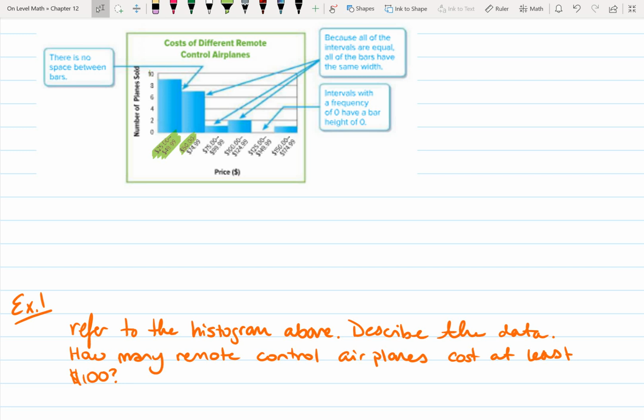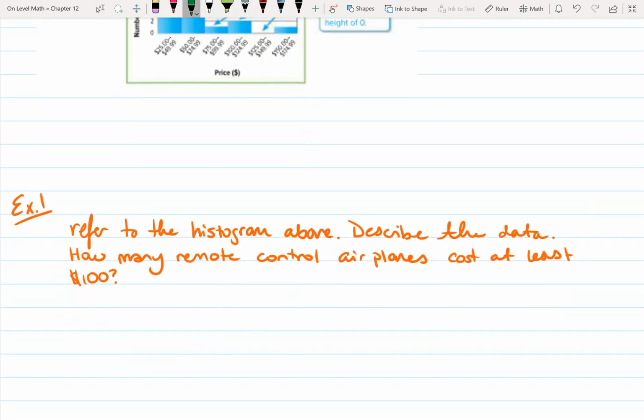So there are 2 airplanes right here that cost more than $100. 0 in this category, but then there's 1 airplane here. So total, there are 3 remote control airplanes that cost at least $100.